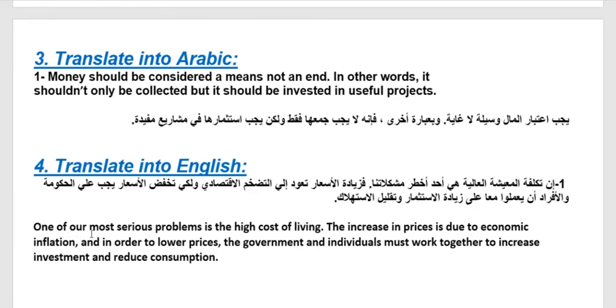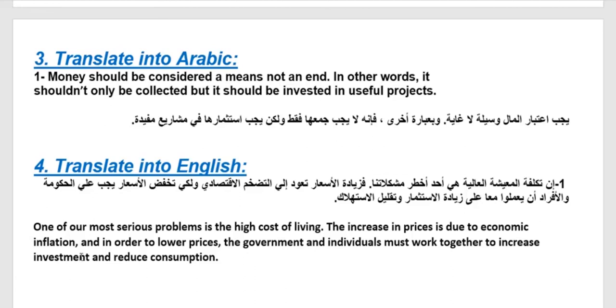One of our most serious problems is the high cost of living. The increase in prices, or the rise in prices, is due to economic inflation.